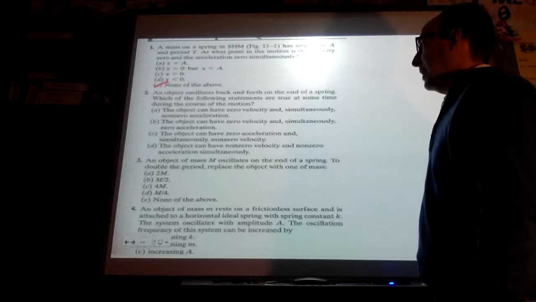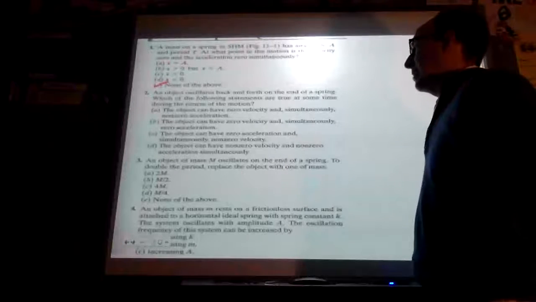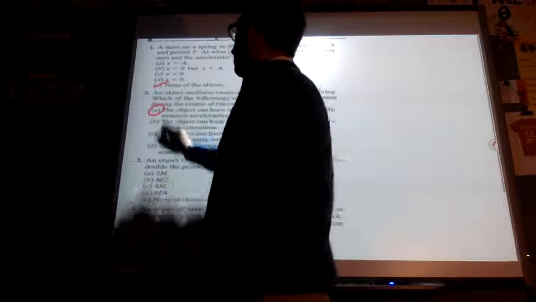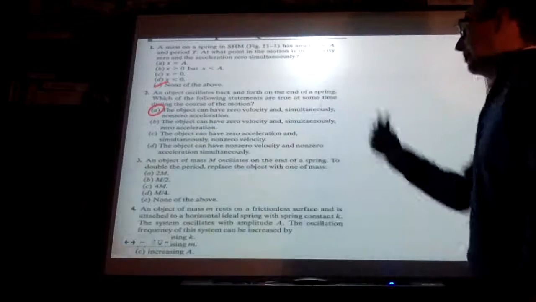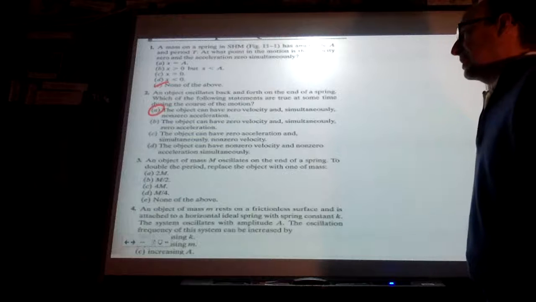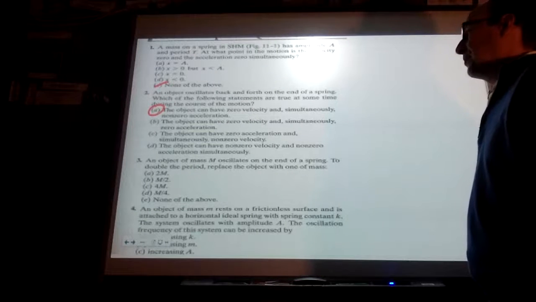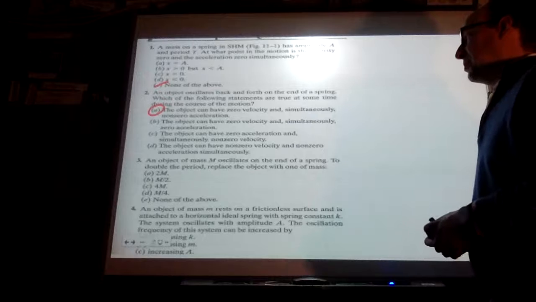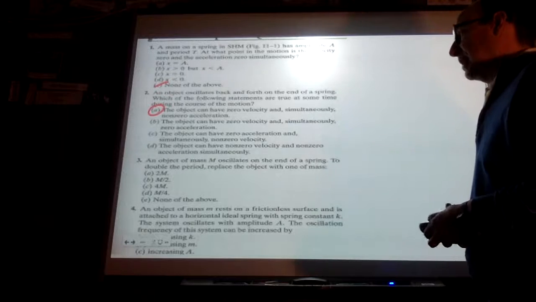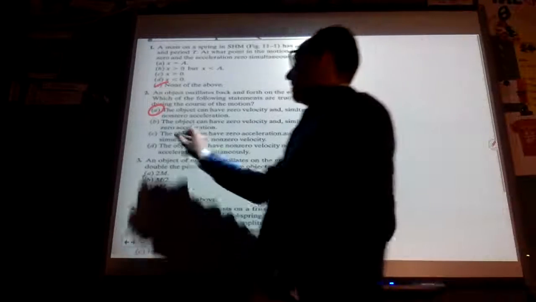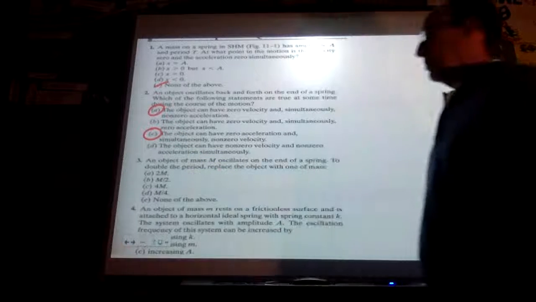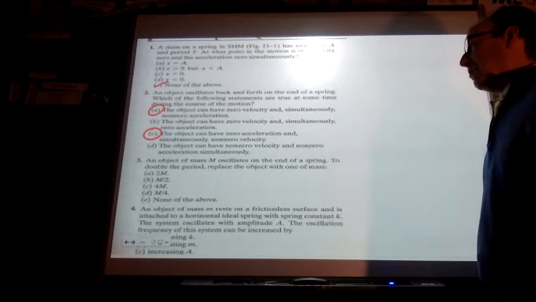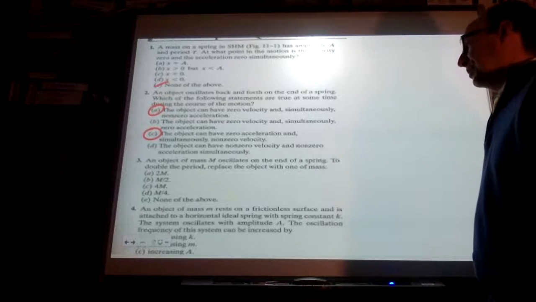The object can have zero velocity and simultaneously non-zero acceleration. That is true. So when it's at rest, it has an acceleration because it has a net force. Second one's not true. The object can have zero acceleration and simultaneously non-zero velocity. That's true. So when it's not being stretched or compressed, when it's at the equilibrium position, that would be the case.